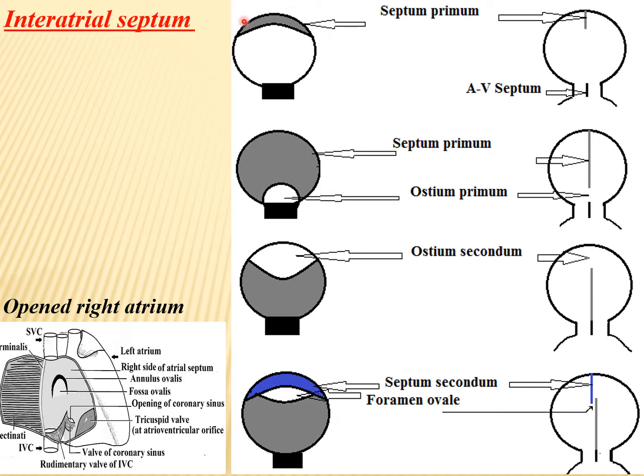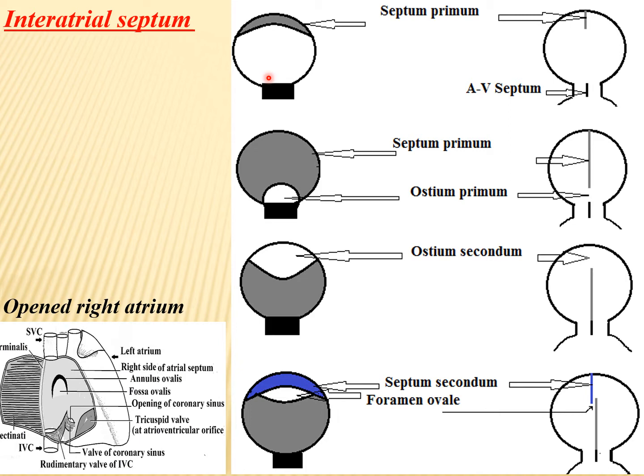Then development of septum primum. The first septum is the septum primum or primary septum. It appears as a sickle-shaped or semilunar septum arising from the roof of the common atrial chamber. This is another view. Then the septum goes downwards.